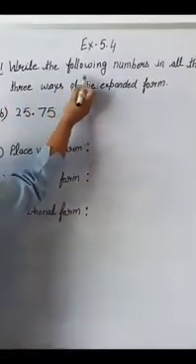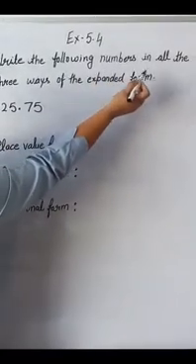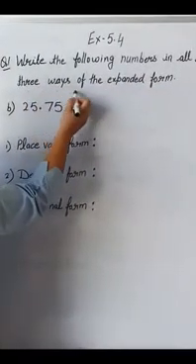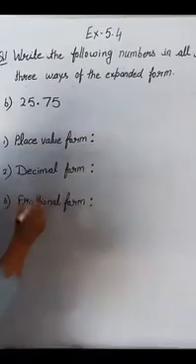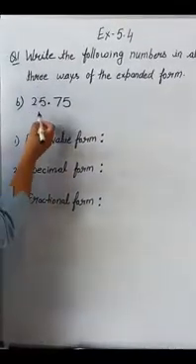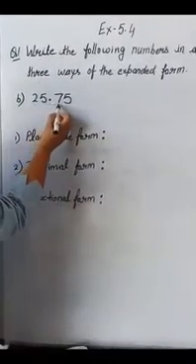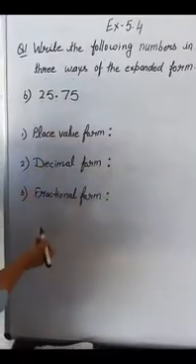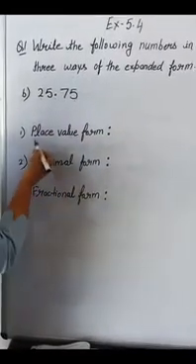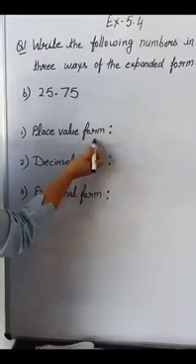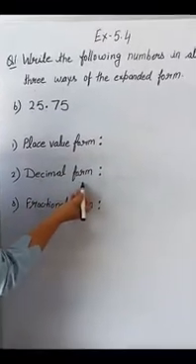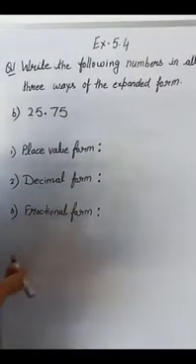Now exercise 5.4, question number 1. Write the following numbers in all the three ways of the expanded form. Now we will write 25.75 in expanded form in three ways. First is place value form, second is decimal form, third is fractional form.